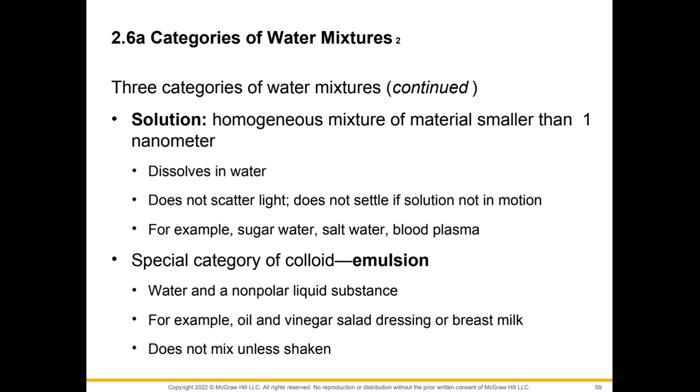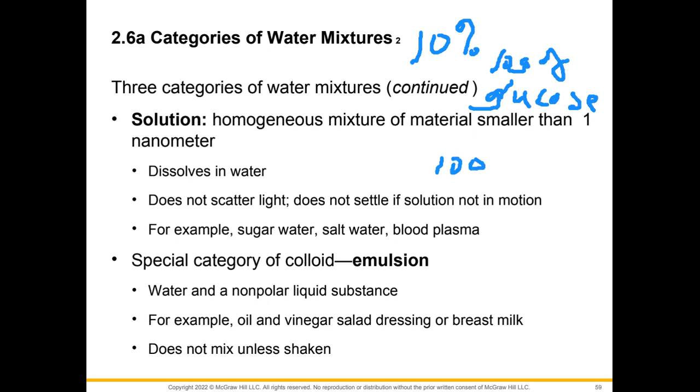So a 10% glucose solution is 10 grams of glucose in a maximum of 100 ml of water. That's what percentage means. Percent is based on 100.